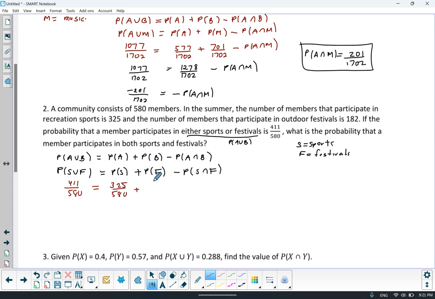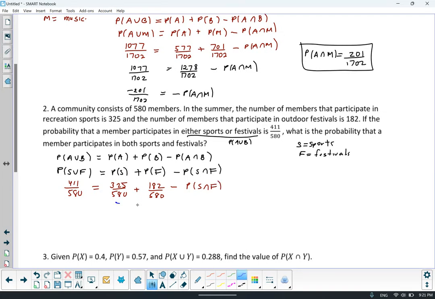The probability of festivals is 182 over 580. Please make sure that you're using proper notation. All these values are fractions and they have the same total of 580. And now I'm looking for the probability of both.